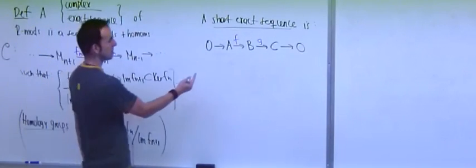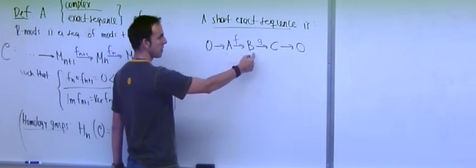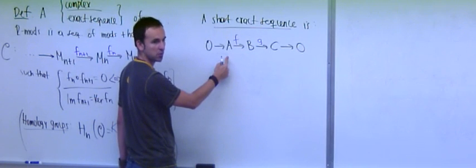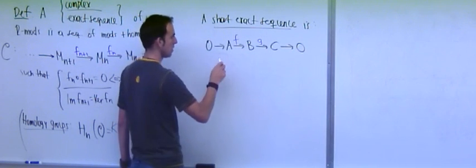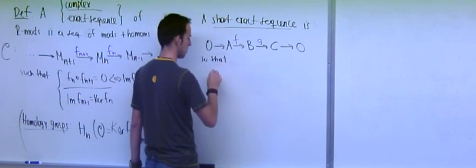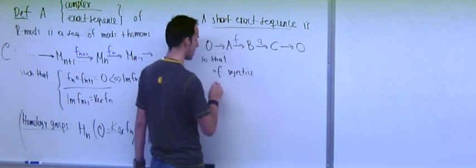What does it mean to be exact here? The image of this map is 0, and the kernel of this guy is the kernel of this guy. So what I'm saying is that the kernel of f is 0. In other words, that f should be injective. That's what it means to be exact at A.